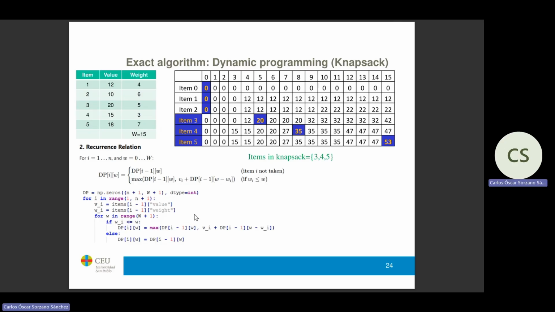Any question up to here? No? So this is dynamic programming as applied to knapsack. So the general concept of dynamic programming is trying to solve a problem, assuming that you have solved the I-1 problem. So try to solve the problem at I, assuming that you have solved it for I-1.